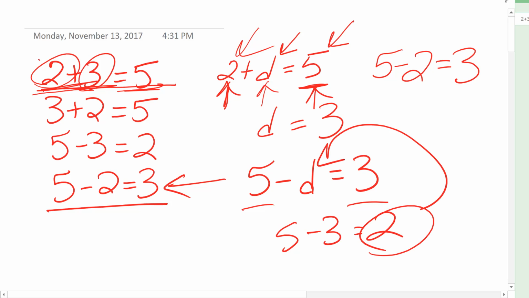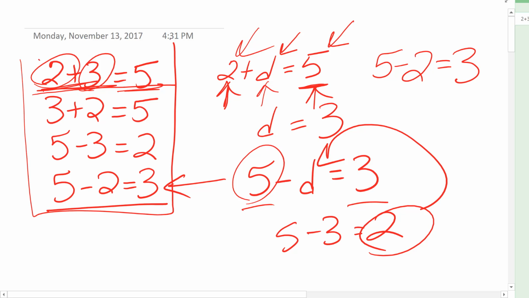So in a subtraction problem, you have the biggest number coming first, and then you take away one of the smaller numbers and get the other smaller number. When you can't remember what to do, just write an easier equation and figure out what you would do if one of those numbers was missing, and then just do that.